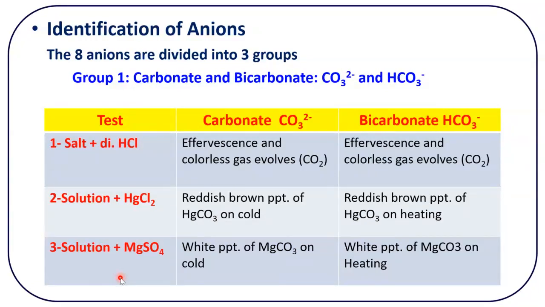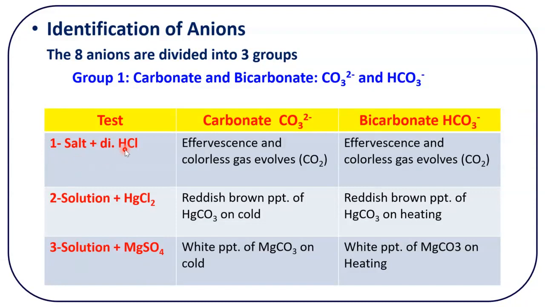The first test in the first group and in the second group is called the primary test. What does it mean? It means the reaction of that anion in these 2 groups with its group reagent. And actually, you have to do this test on the salt, not in a solution. So the primary test in the first group involves the reaction of salt with dilute HCl.